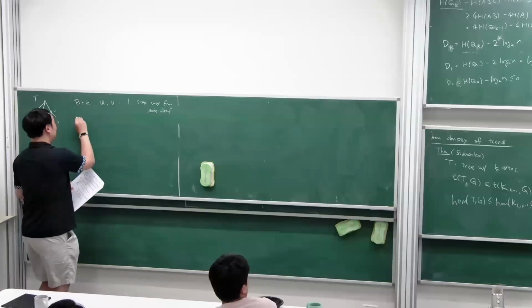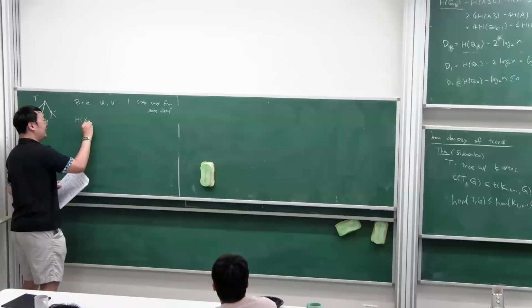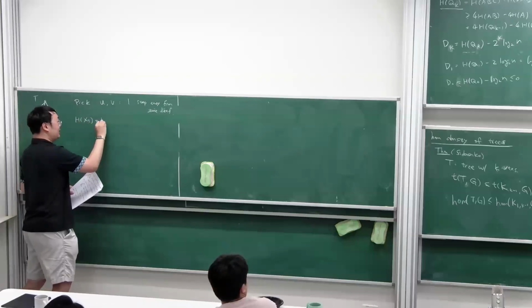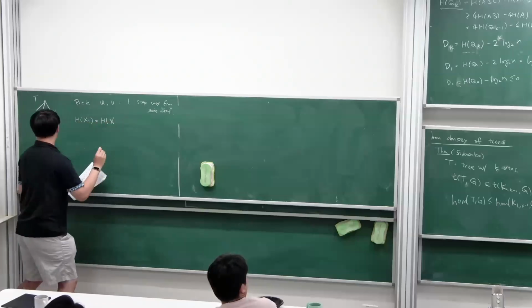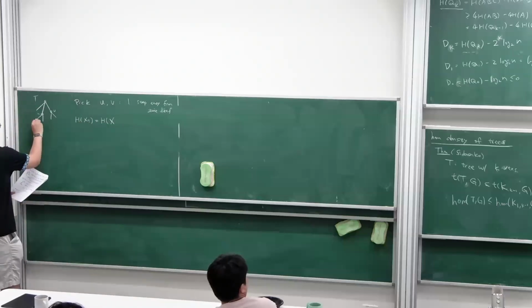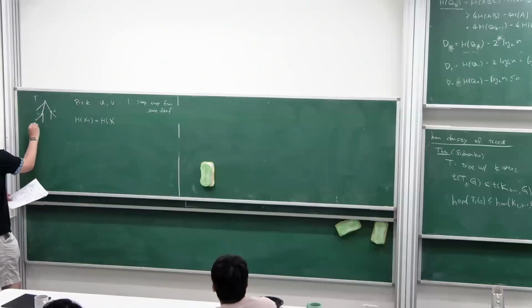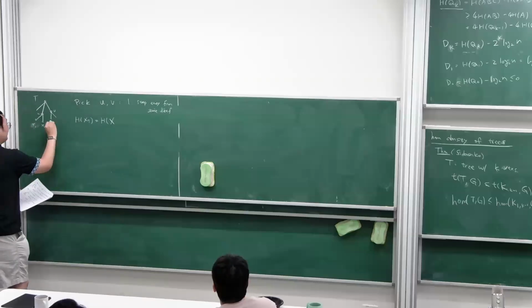And I'm going to rewrite the entropy of X_T using the chain rule. So let me first label all the leaves. I'm going to call all the leaves out of U x_1 to x_a. These are lowercase x, and these are y_1 to y_b.